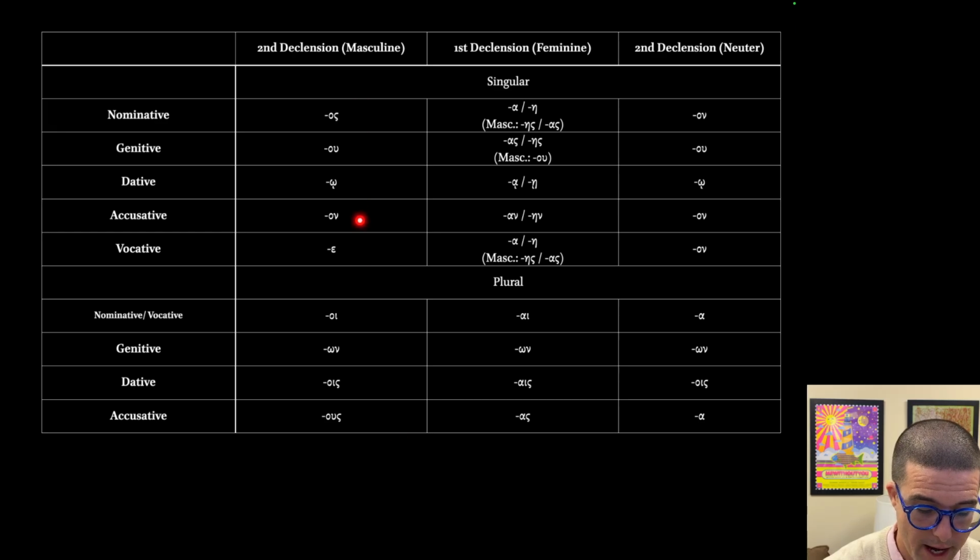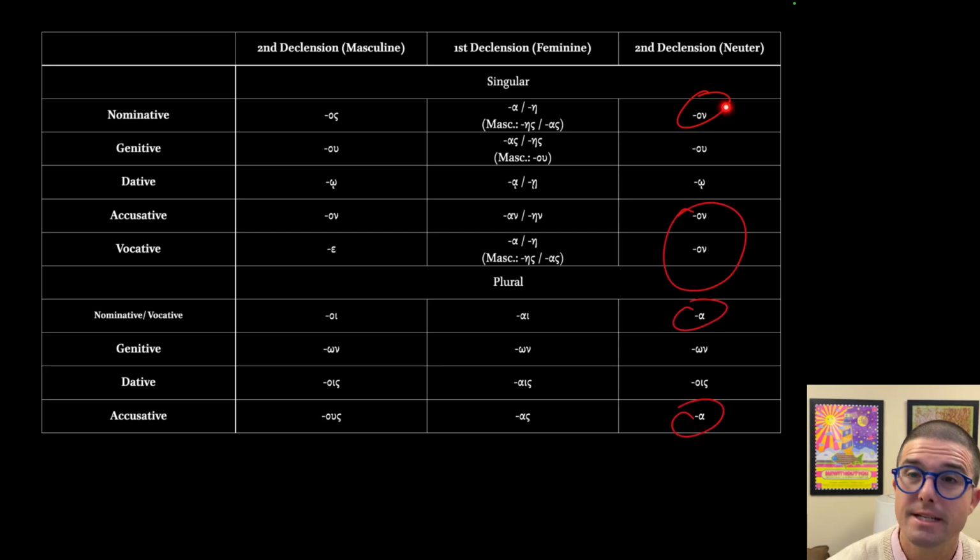We have our Swain Ionessus, our first declension. Our second declension's endings, and then over here also second declension in the neuter, remembering that the nominative, accusative, and vocative are different in the neuter than they are over here in the masculine.